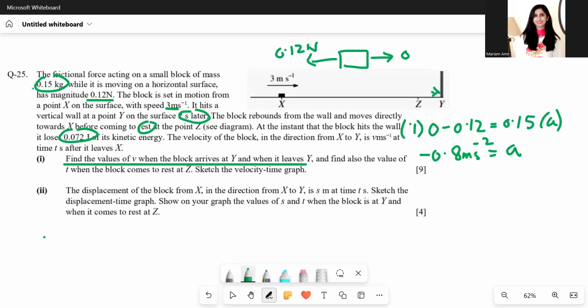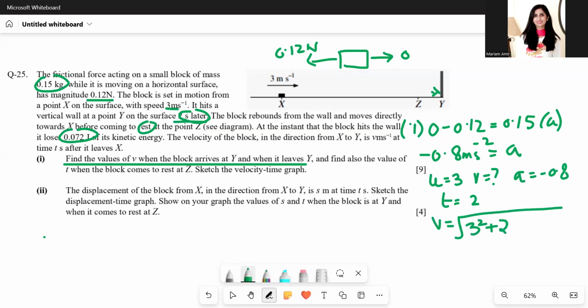So U is 3, V is question mark, A is minus 0.8, and T is 2 seconds. It says 2 seconds later. Okay, let's find V. V squared equals U squared plus 2AS.